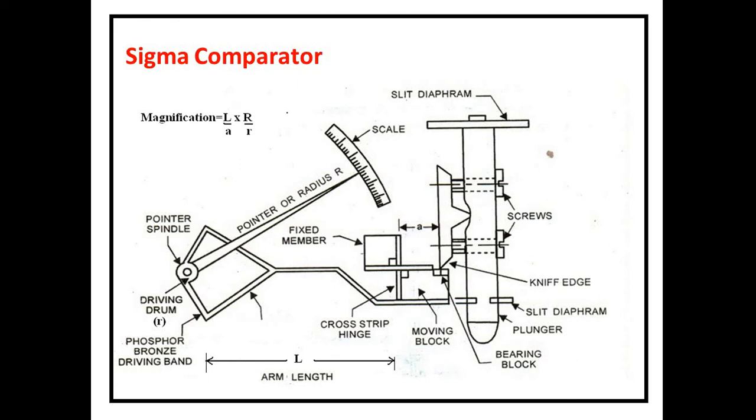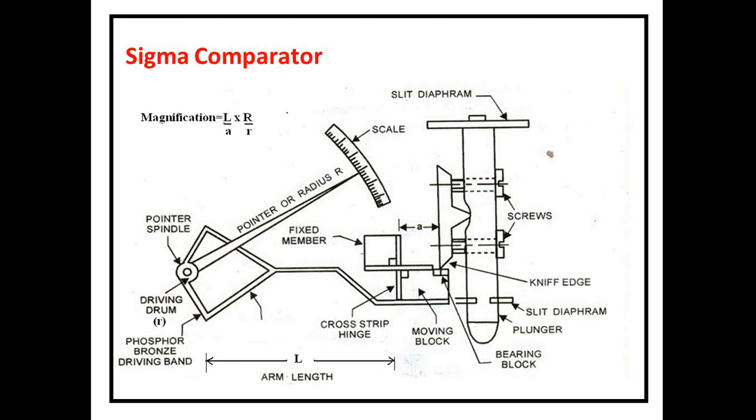So I will explain again how the magnification takes place. In case of this sigma comparator, we have to magnify the movement which is going to occur at the end of this plunger, because of the dimensional difference between the master component and the actual component.